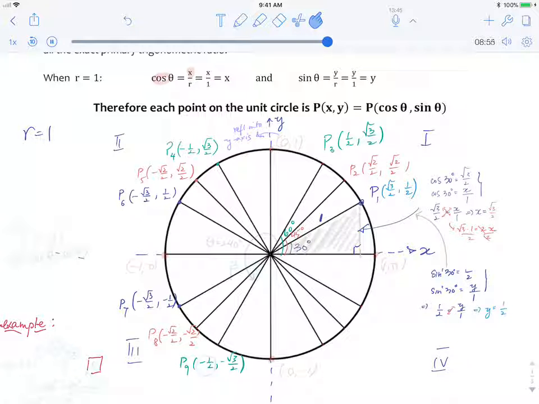Okay, now I'll let you finish quadrant 4. And we'll go into a quick example.